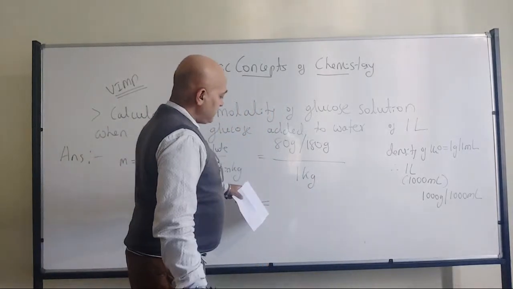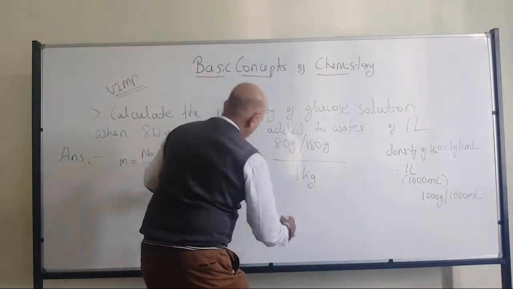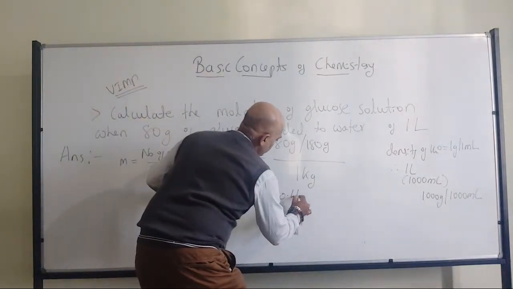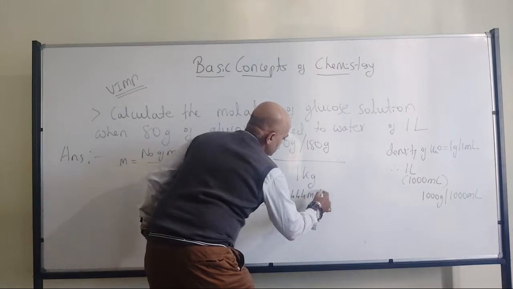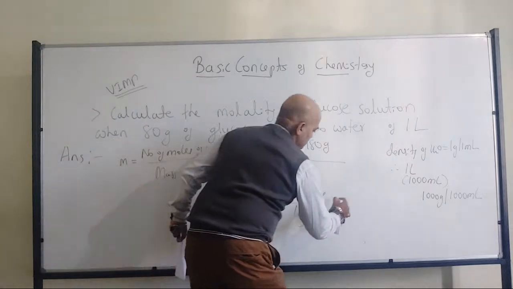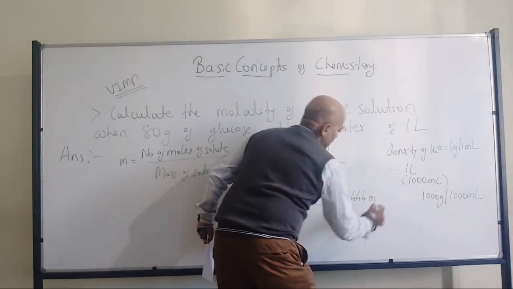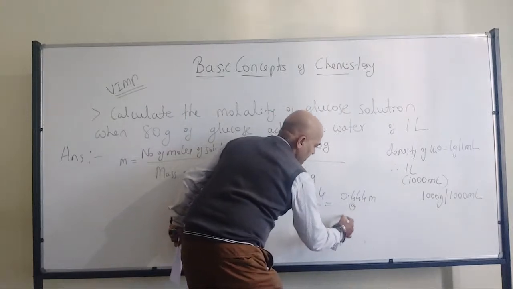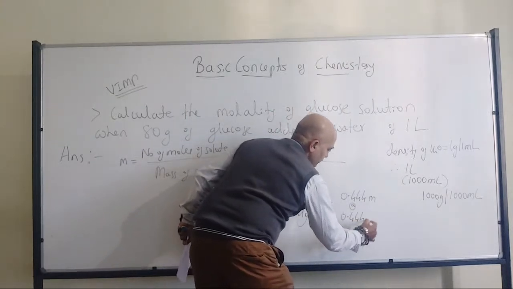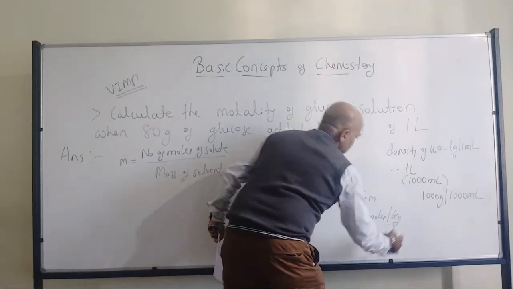That is nothing but 80 divided by 180, which is 0.44 moles, divided by 1 kg. So that is nothing but 0.44 molality, or 0.44 moles per kg of solvent.